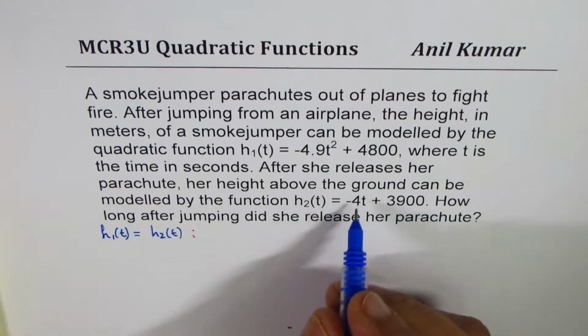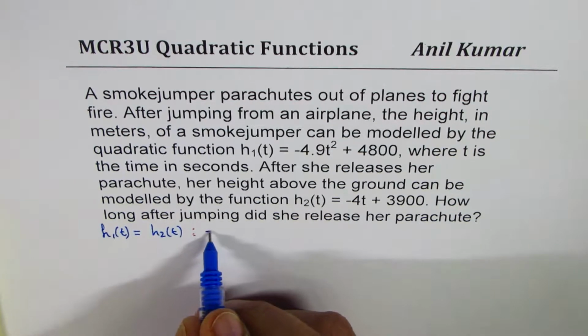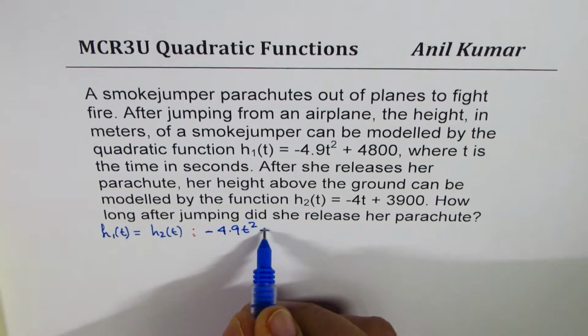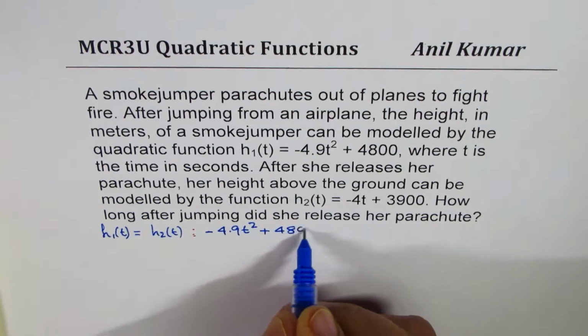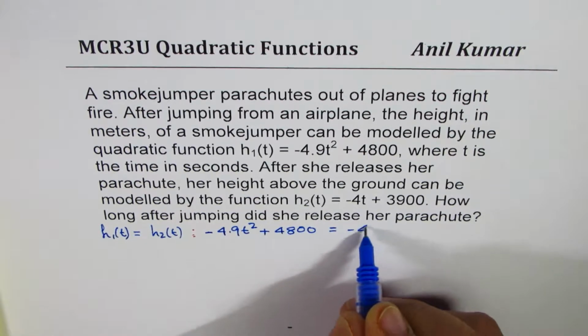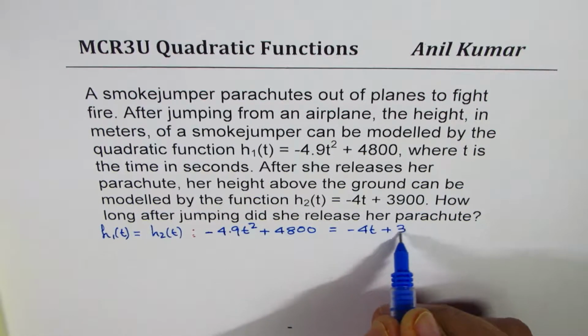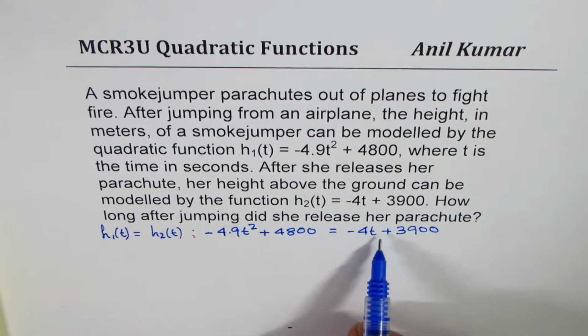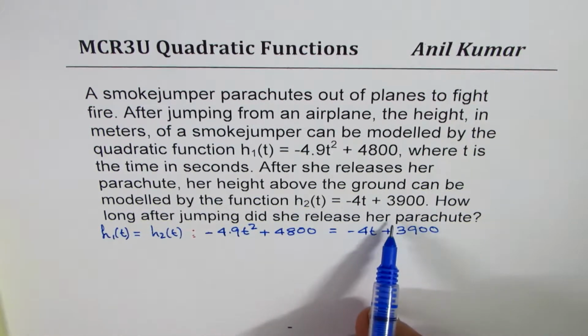So what we have here is minus 4.9 t square plus 4800, which is h1(t), equal to minus 4t plus 3900, h2(t). Equating these, we can find time, and that is the answer.